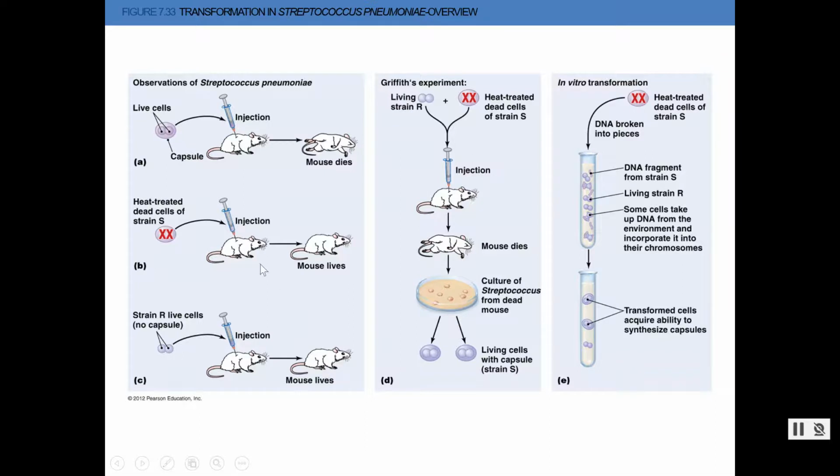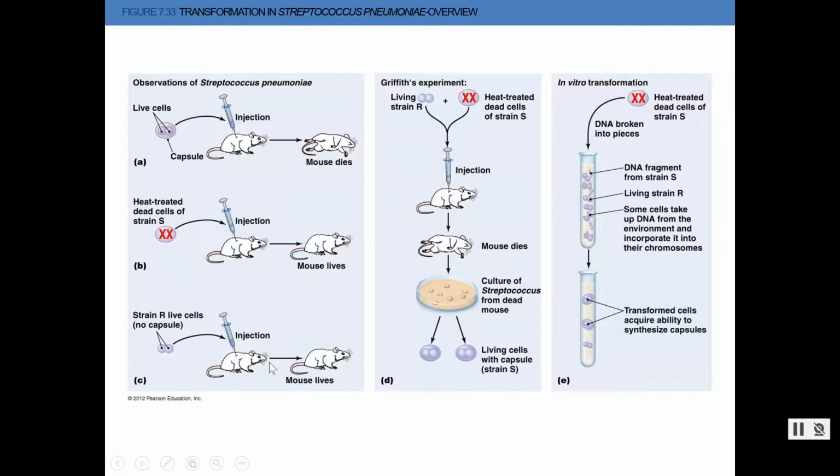It lived. Now, he did do one other thing in preparation for this experiment. If he killed strain S, heat treated dead cells of strain S, and injected them into the mouse, well, obviously these are dead. They didn't cause pneumonia and the mouse lived. Okay, so this set up the experiment. These were observations he made.